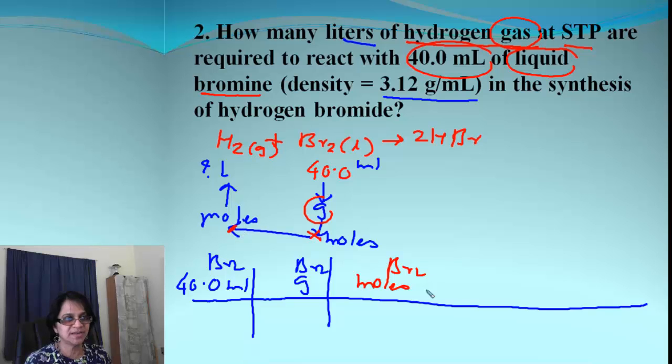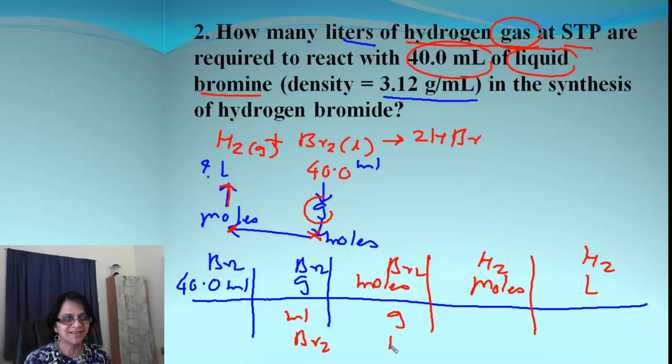The next thing will be moles of hydrogen, and from there we are going to go to liters of hydrogen. Once you get the roadmap, it is simply crisscross cancelling. So just look across and write down those terms which are diagonally across exactly the same as they appear in the numerator. So that's moles of bromine, and this is moles of H2.